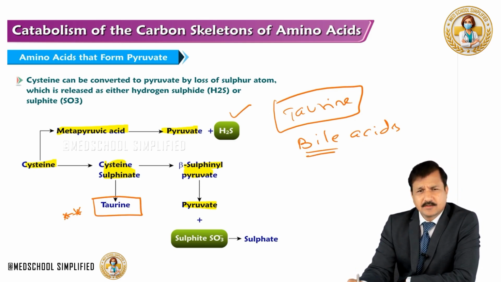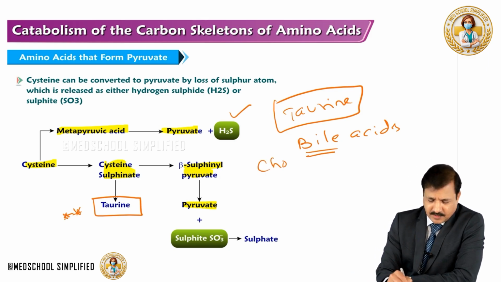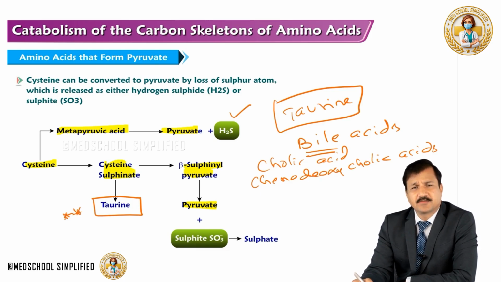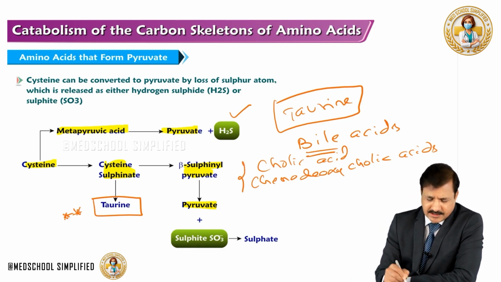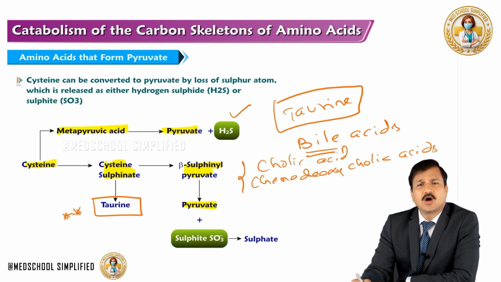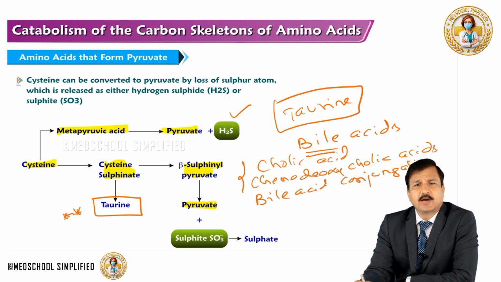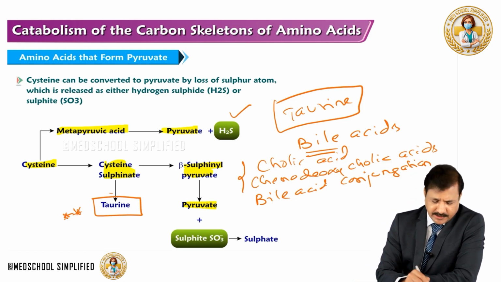The primary bile acids that are synthesized in the liver are cholic acid and chenodeoxycholic acid. These two bile acids will undergo a conjugation process. In bile acid conjugation in the liver, one of the conjugating molecules is taurine.